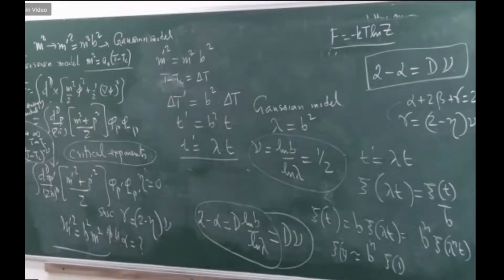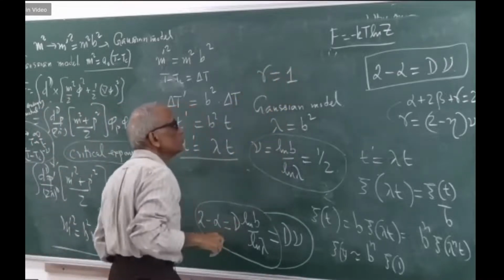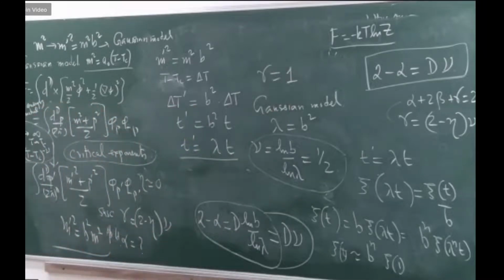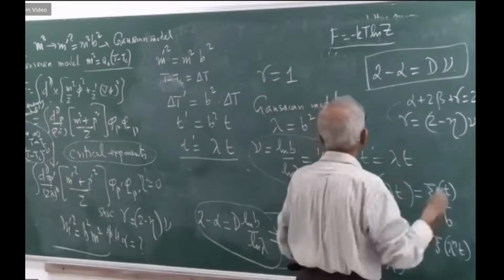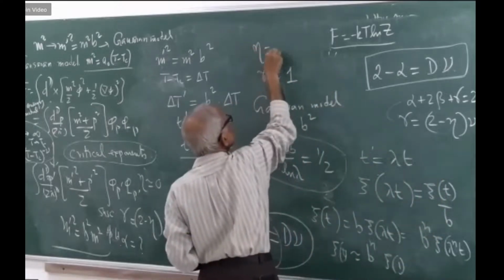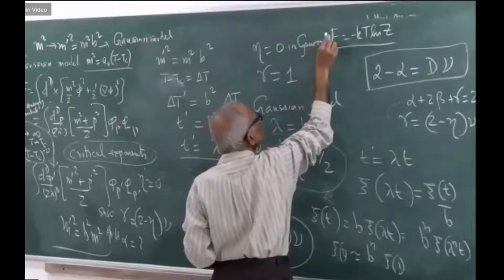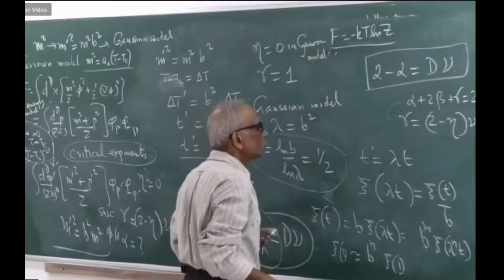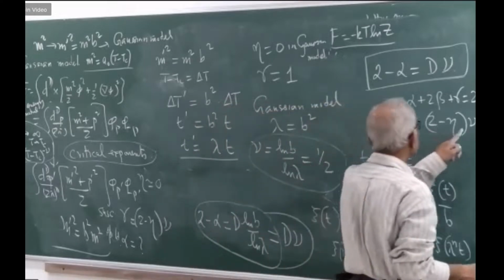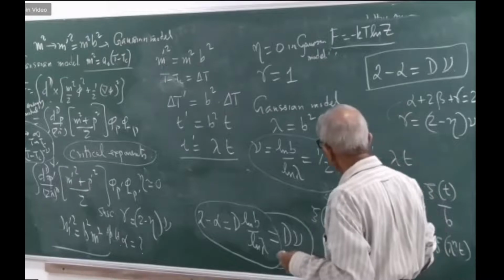And gamma immediately works out to be 1, because eta is equal to 0 in the Gaussian model. So gamma is equal to 2 times nu, which is equal to 1.